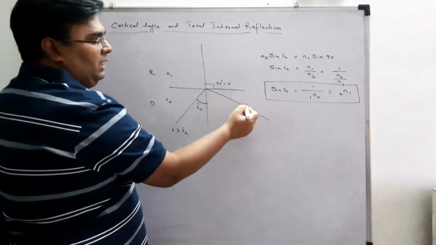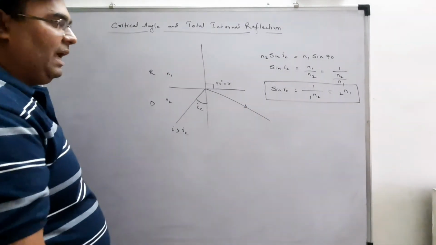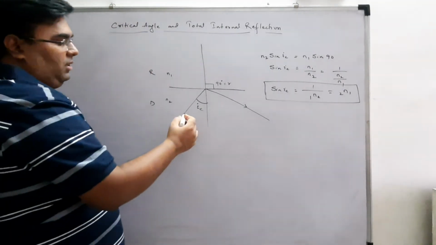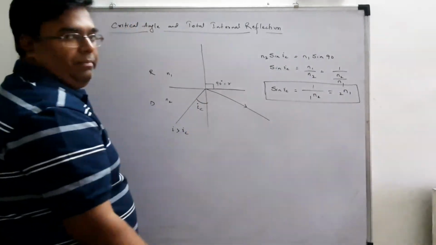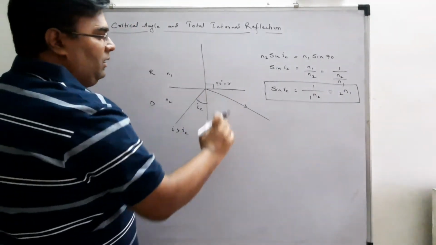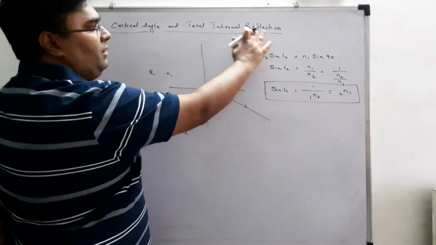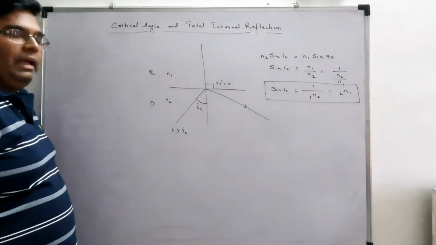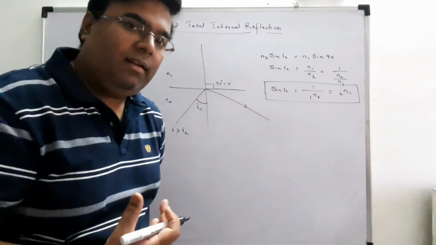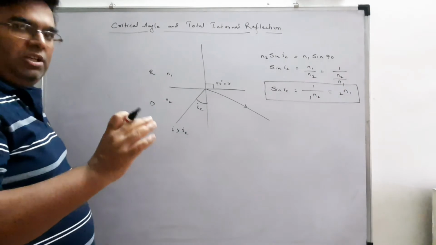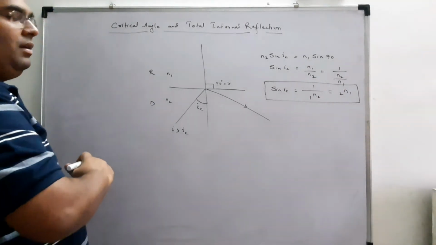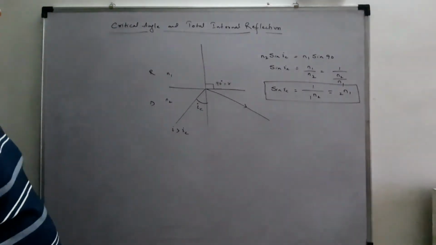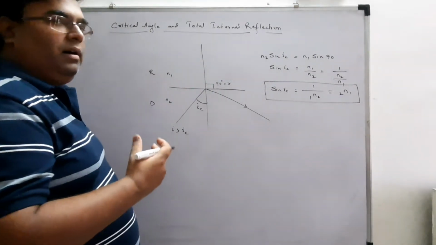This is my new ray, which is actually not a refracted ray, it is a reflected ray, since it is coming back to the same medium. So this phenomenon is known as total internal reflection. Whenever my angle of incidence is greater than the critical angle, refraction doesn't happen, the whole ray comes back to the same medium, and this process is known as total internal reflection.